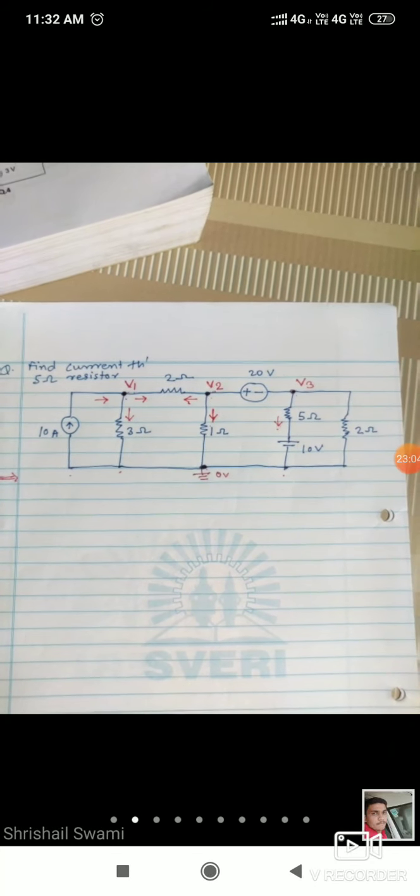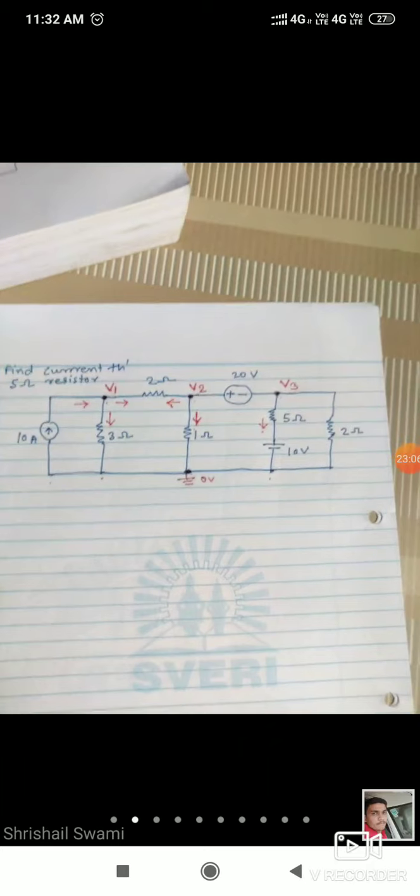Do you understand what the problem is? We cannot find the current through that branch. What is the current in this branch? We cannot find it. We cannot apply (V2 minus V3) divided by 20.